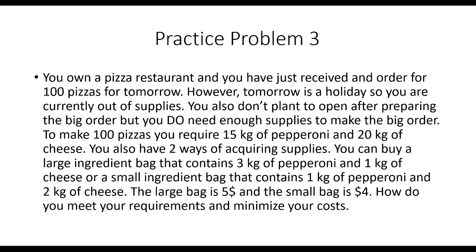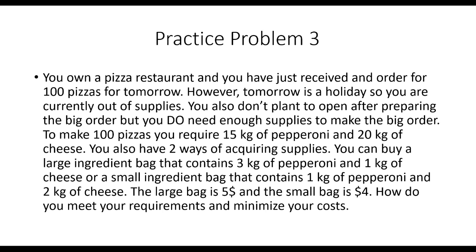Another word for constraints is requirements. We require those. So the first one is we require 15 kilograms of pepperoni. That's our first constraint. The second constraint, we require 20 kilograms of cheese.